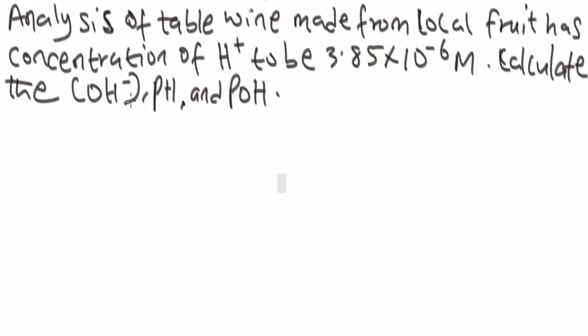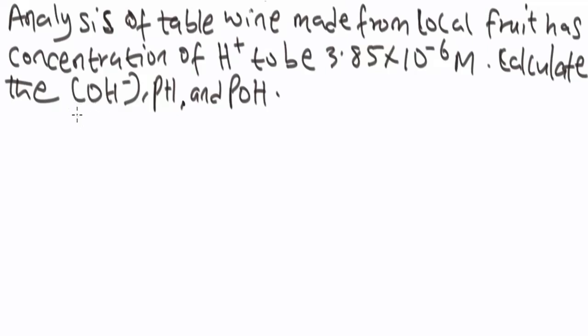Okay, let's look at this problem. It says analysis of a table wine made from local foods has concentration of hydrogen ion to be this value. Calculate the pH and pOH of the solution.